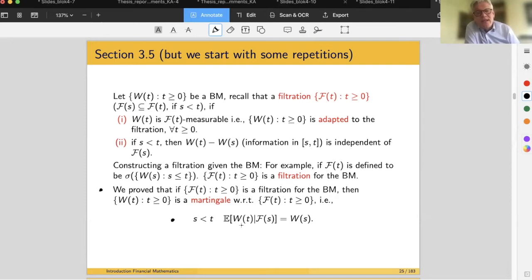And the part which is Fs measurable is Ws. Because it is measurable, we can take it out of the expectation operator, and we end up with just Ws. If you have forgotten about this, look back at the previous lecture or look in the book, where it's discussed in detail in section 3.3.